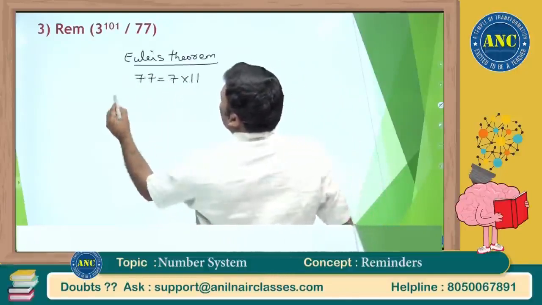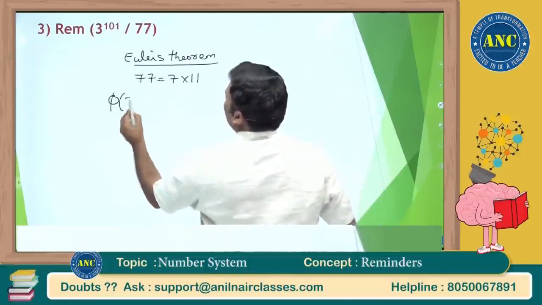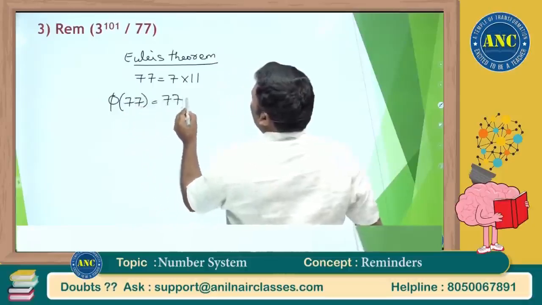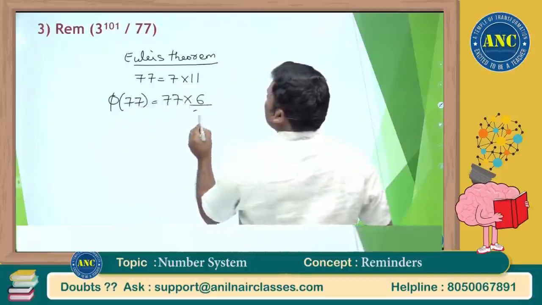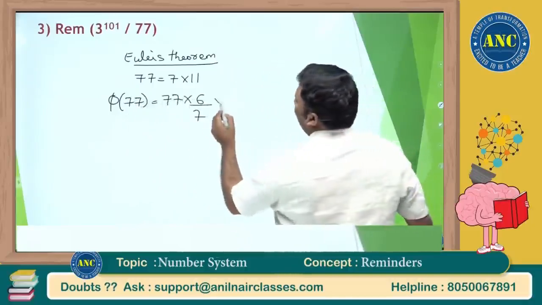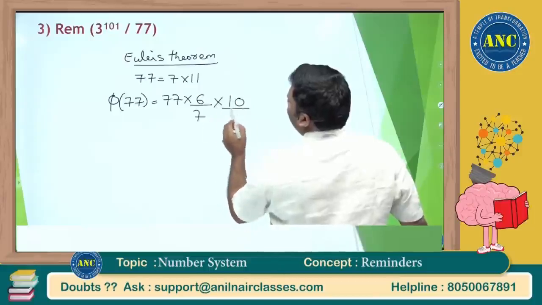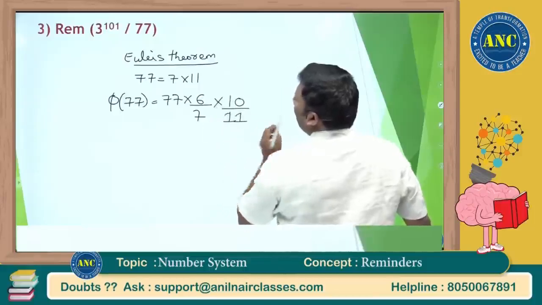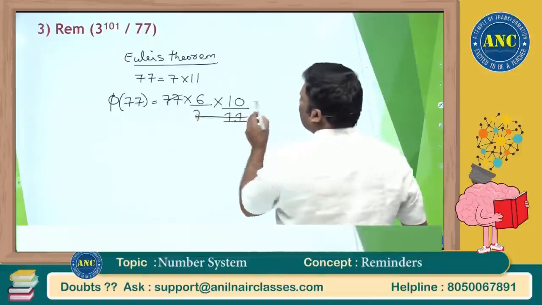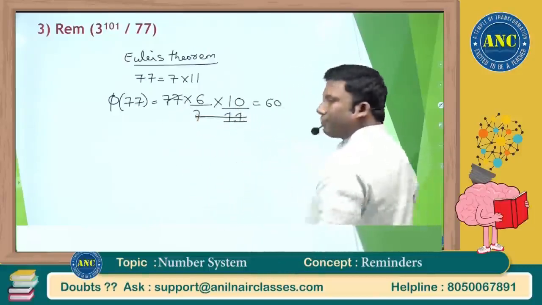So the totient function of 77 is n into 1 minus 1 by p1, and so on. I will discuss in the next class why it is 1 minus 1 by p1. It is 1 minus 1 by 7 and 1 minus 1 by 11. 77 cancels, it is 60.